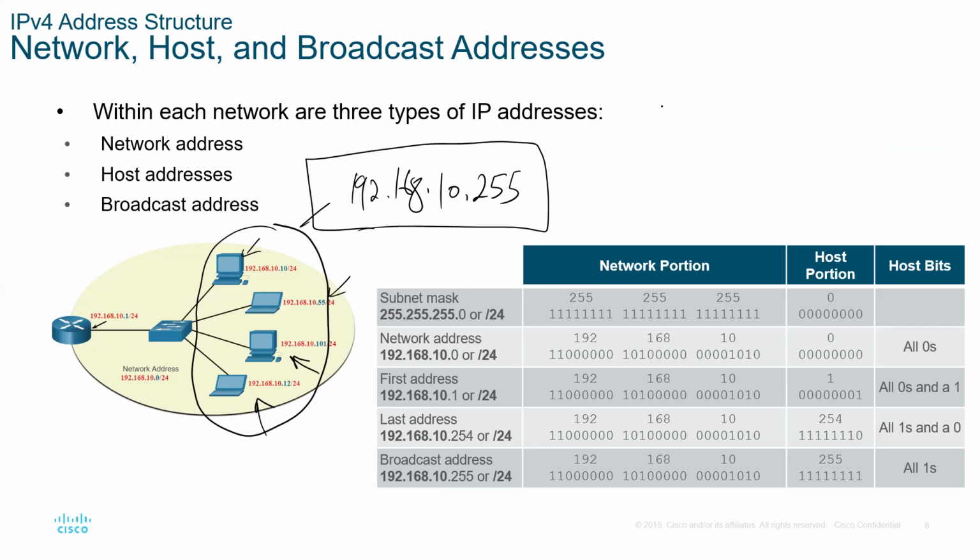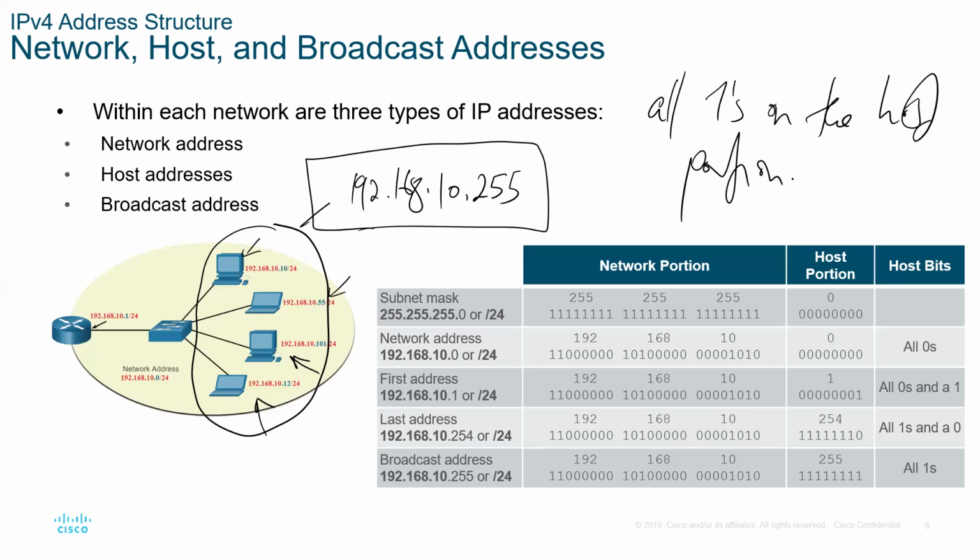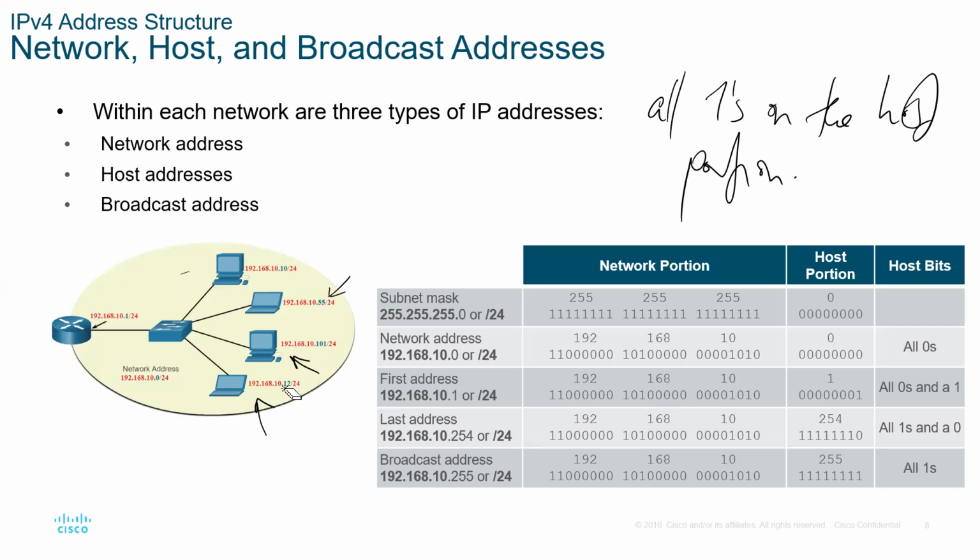So what is the broadcast address? The broadcast address is all ones on the host portion. So if we go back a little bit, we introduced the IP address, and we said the IP address is a 32-bit number. The IP address is accompanied by the subnet mask.